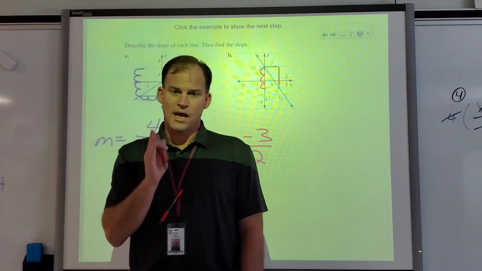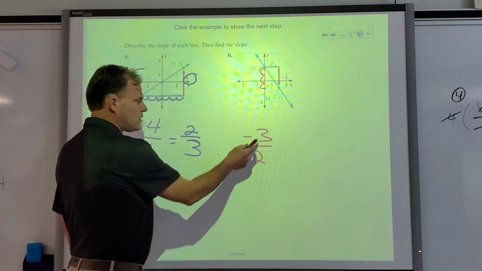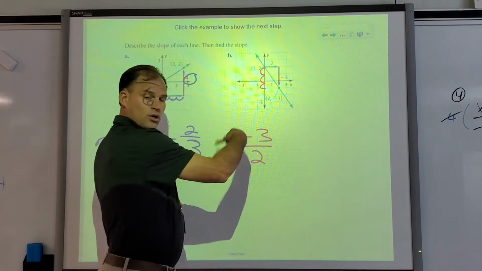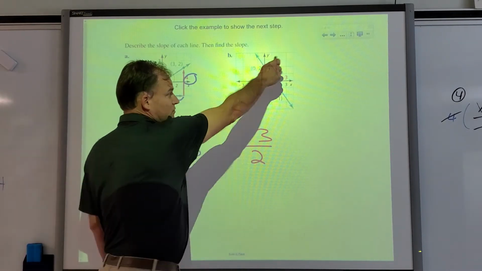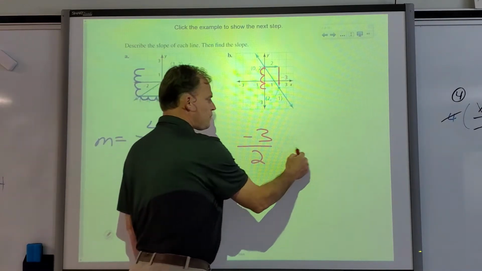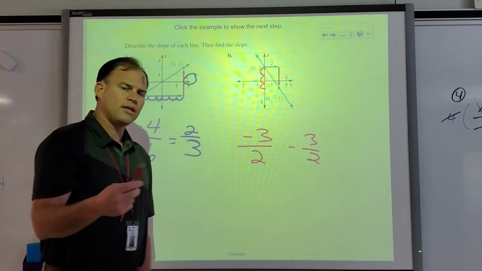We do not ever write slopes as mixed numbers. We'll simplify them. If this was 6 over 4, we'd simplify it, but we're not going to write it as a mixed number. We're always going to keep it improper because of the counting thing. We don't want to have to switch back and forth. So negative 3 over 2, you could write the negative out front like this. Those mean the same thing.